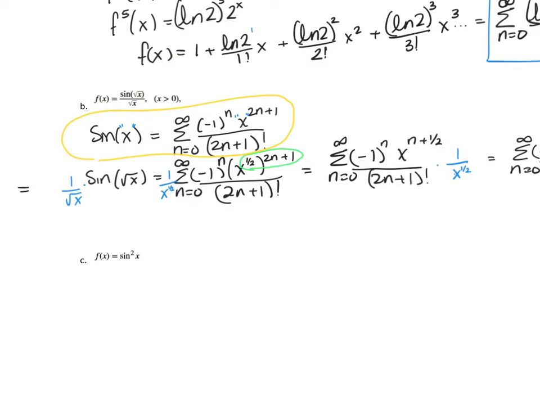Now, how am I going to do that for the next one? Can I do something like that for the next one? The answer is no, I can't, because, you're thinking why? Well, because I have sine squared.